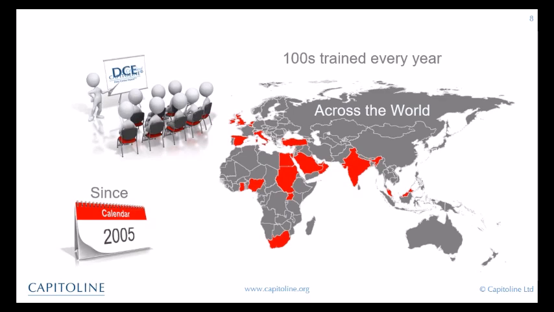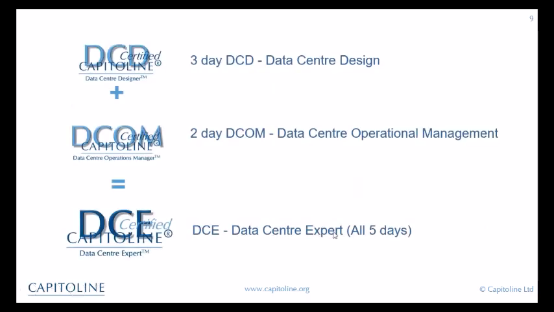We don't believe that any of them do it better because they are training companies trying to provide data center training rather than data center consultancy companies trying to impart the knowledge that we've learned over years of working in this industry. We've trained hundreds of individuals in many different countries across the world.